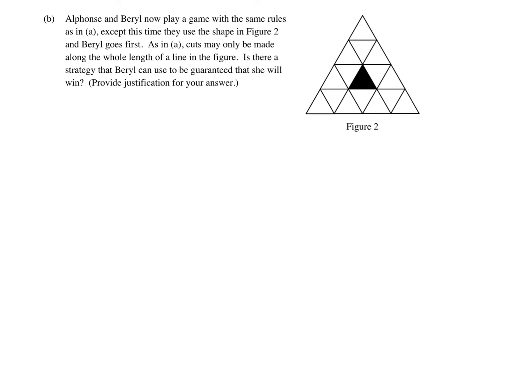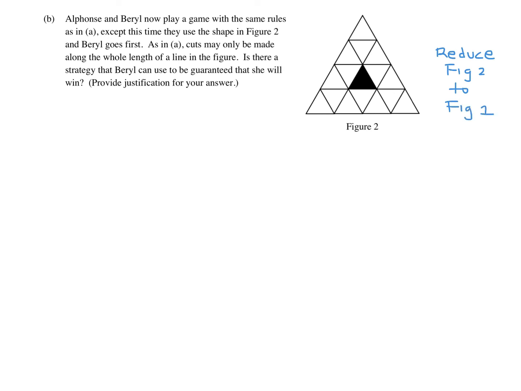So a little bit different this time, right? Beryl goes first. Now, if Beryl goes first, our strategy basically is to reduce figure 2, or cut it out, and cut it in such a way to make it look like figure 1.